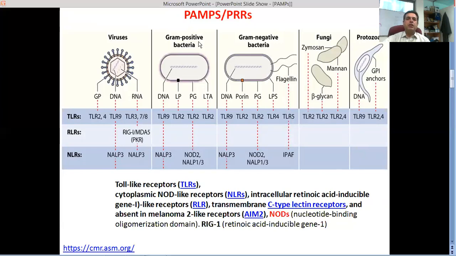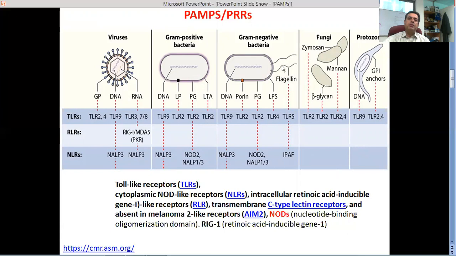Similar is the case with gram-positive bacteria. Different PAMPs like the DNA, lipoprotein, proteoglycans, or LTA can be recognized by these different toll-like receptors, as given here. Similar is the case with gram-negative bacteria.